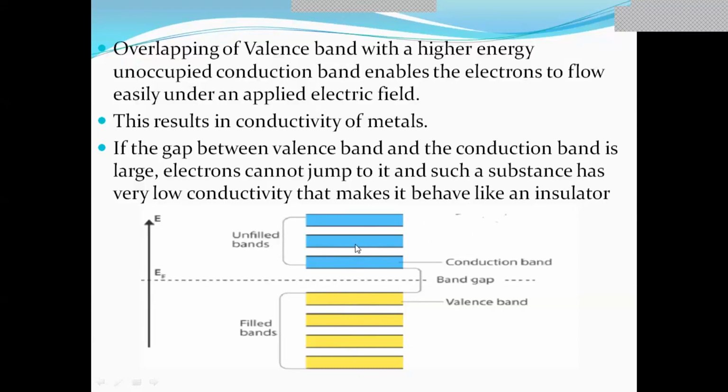Here, if the gap between valence band and the conduction band is large, electrons cannot jump to it, and such a substance has low conductivity, which is nothing but that is seen in an insulator. ఇక్కడ ఉన్న ఎనర్జీ గ్యాప్ వాలెన్స్ బ్యాండ్ కి కండక్షన్ బ్యాండ్ కి మధ్య గ్యాప్ తక్కువగా ఉంటే ఎలక్ట్రాన్స్ జంప్ అవుతాయి. గ్యాప్ పెరిగే కొద్దీ ఎలక్ట్రాన్స్ వాలెన్స్ బ్యాండ్ నుంచి కండక్షన్ బ్యాండ్ కి వెళ్ళలేవు.